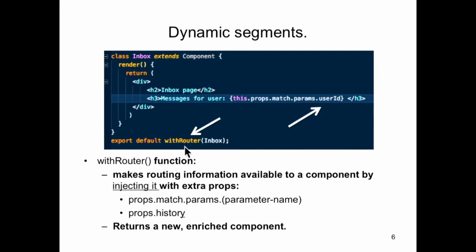In this case, some extra props, but you can enrich it with extra JSX and extra behavior as well, as it turns out. So it injects some extra props, and right now we can see that one of the props it injects is this match prop, which we can access. We'll look at the history one as well, which is going to be useful.